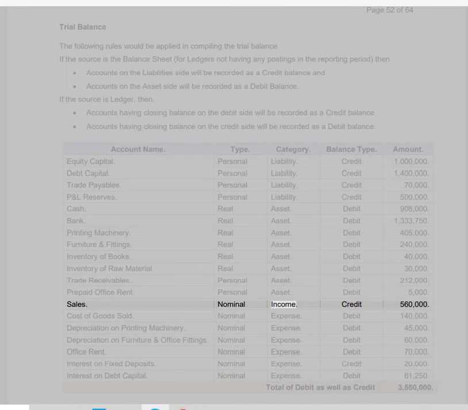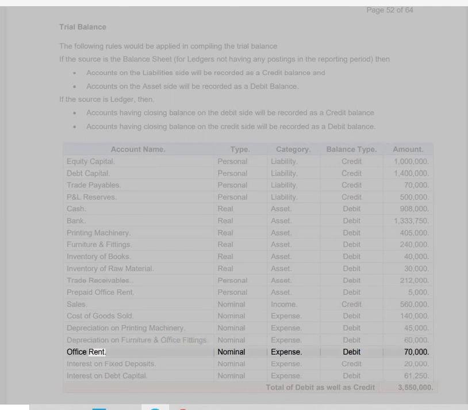Sales, nominal income, credit 560,000. Cost of goods sold, nominal expense, debit 140,000. Depreciation on printing machinery, nominal expense, debit 45,000. Depreciation on furniture and office fittings, nominal expense, debit 60,000.